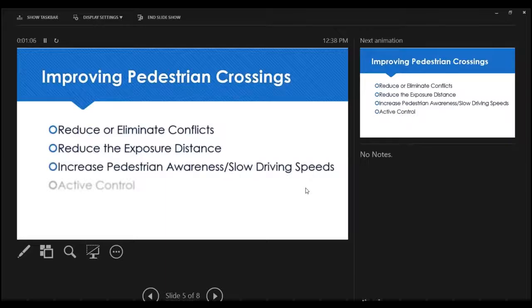And then after that, of course, if you can slow down the vehicles, that definitely helps, and let the drivers know that they're really in an environment where they should expect pedestrians. They're not out on the edge of the suburbs and cornfields where they're not going to see pedestrians very often.